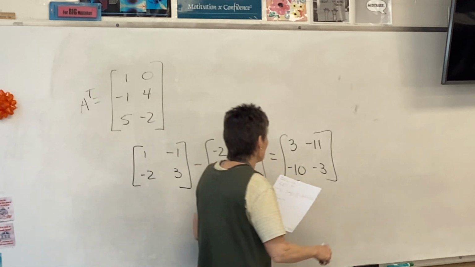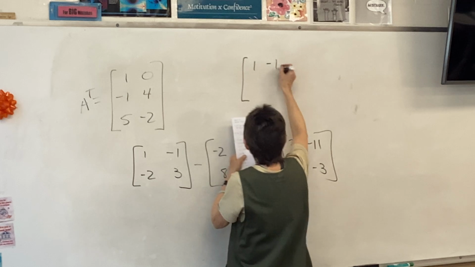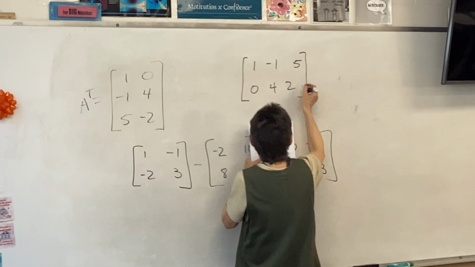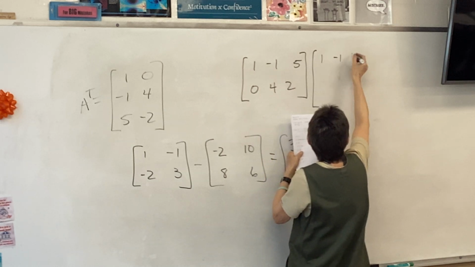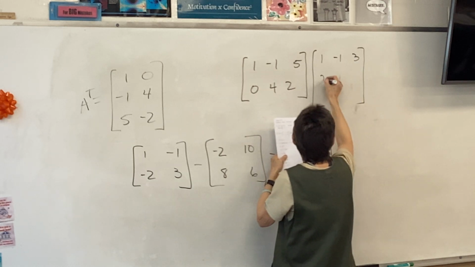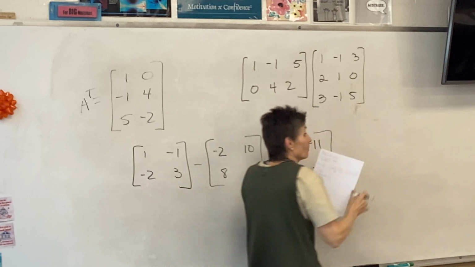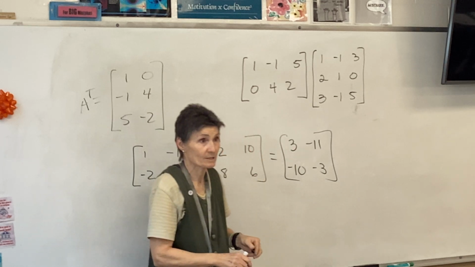All right, AB. Obviously, A and B have the same dimension. Here's A, here's B. It's 3 by 3. Now, we are multiplying, boys and girls.